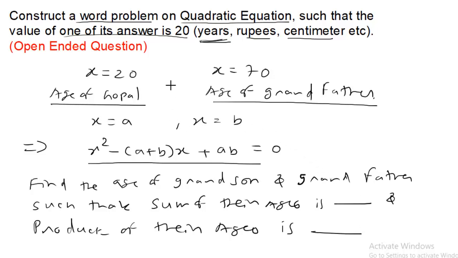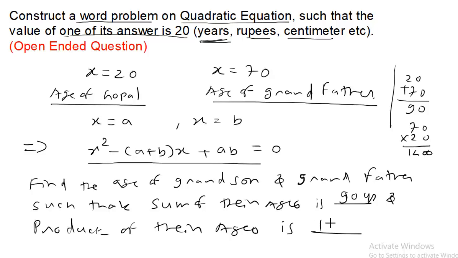Now, in the given situation, the sum of their ages is 20 plus 70, that is 90. So we can write sum of their ages is 90 years and product of their ages, that is 70 into 20, 1400.